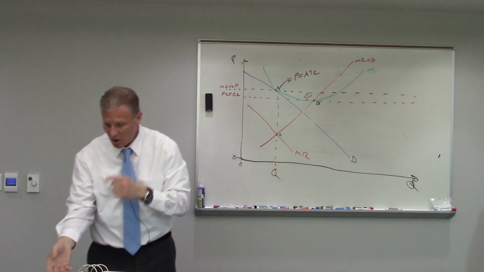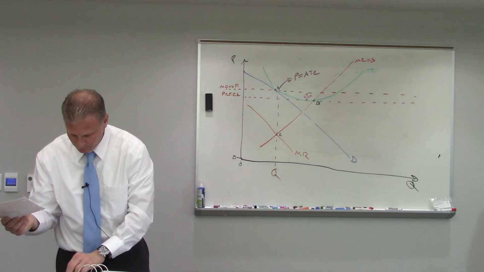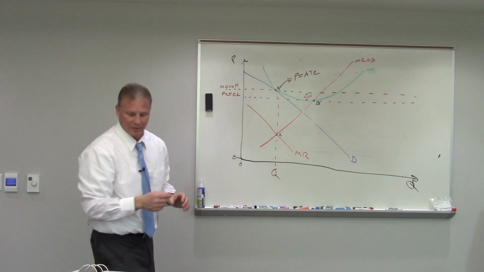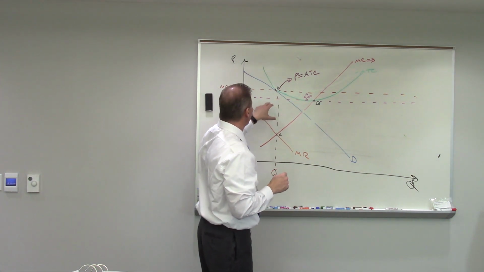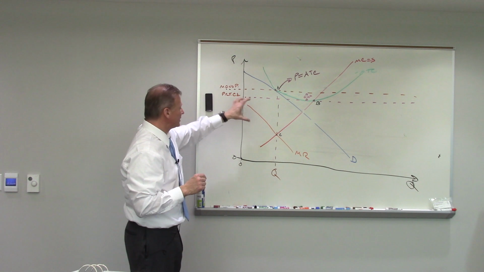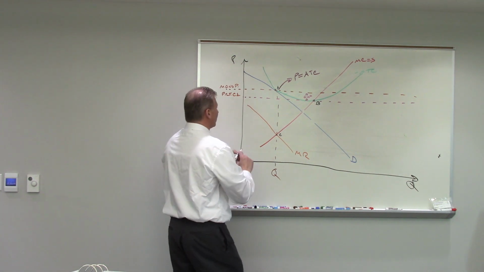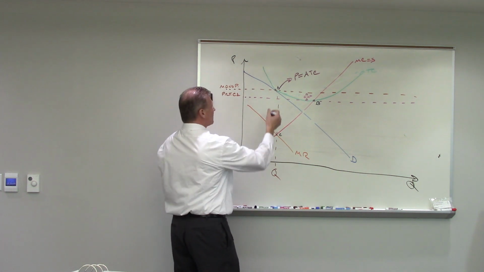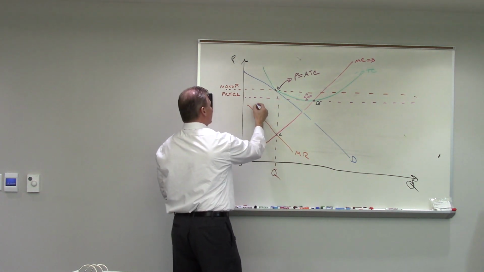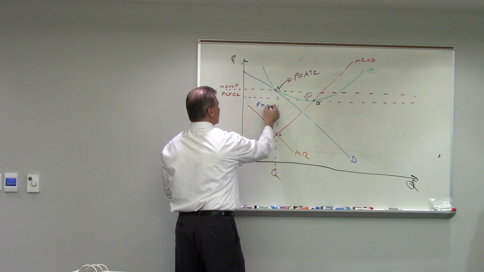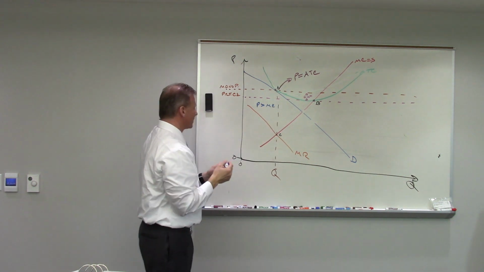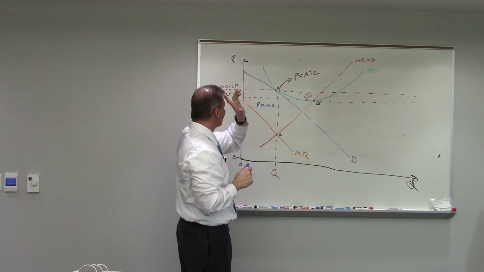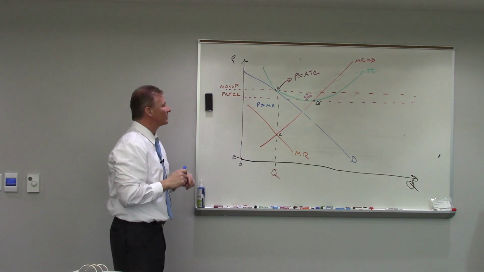So over time, that curve has shifted. Let me use blue. Because of the difference between A and C, price is still greater than marginal cost, but competition has taken over to the point where price equals the average total cost.